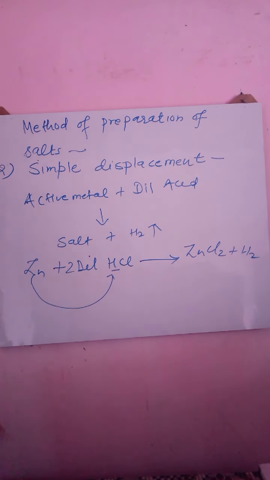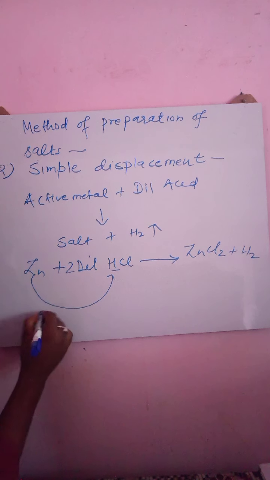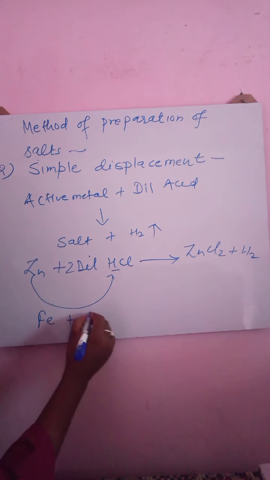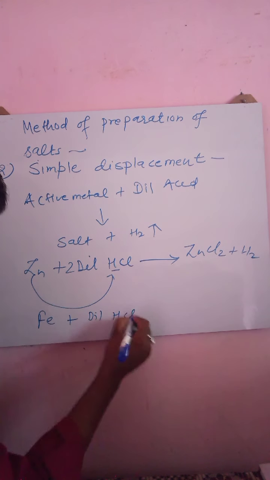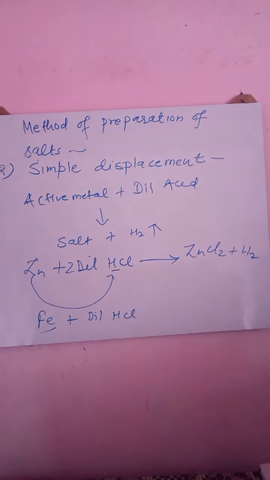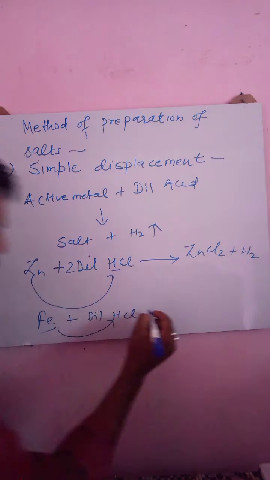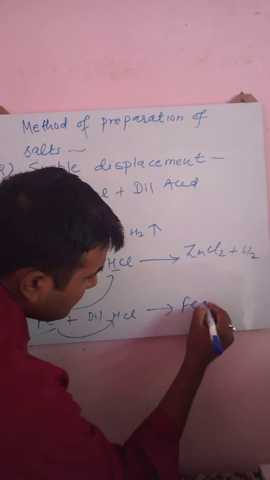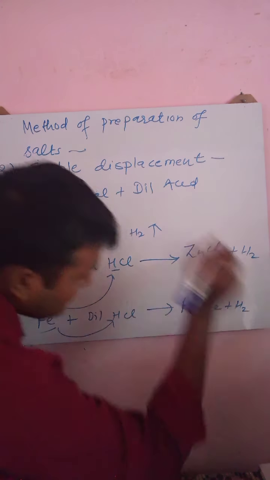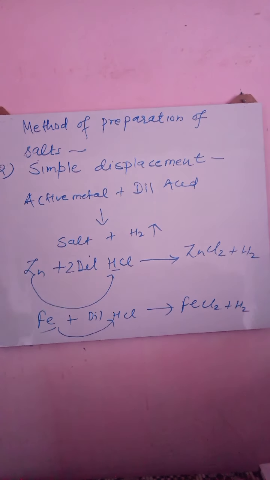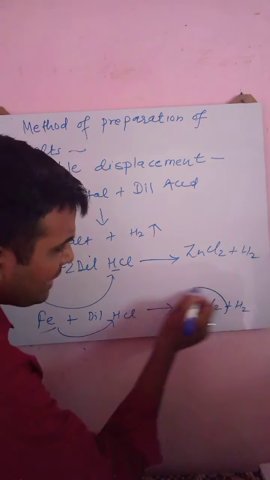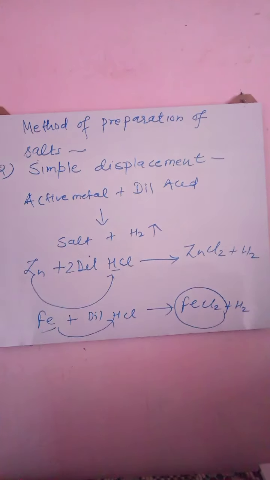One more example we can see: iron plus dilute HCl. Iron is more active as compared to hydrogen. Here iron will displace hydrogen from hydrochloric acid to form FeCl2 plus hydrogen gas. Always remember, iron second chloride is prepared by the displacement reaction, while iron third chloride is prepared by the combination reaction.